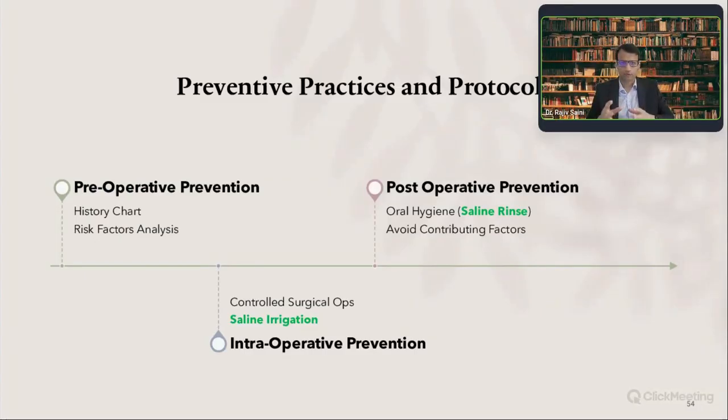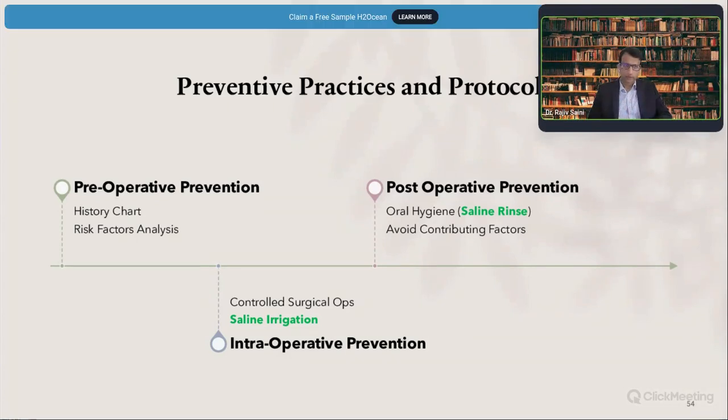Preventive practices and protocol. Pre-operative prevention: always take a historical profile and charting of the patient very thoroughly. Always analyze the risk factors before putting the patient into the chair. Intraoperative prevention: controlled surgical operations. Try to minimize the surgical operation site as much as possible.